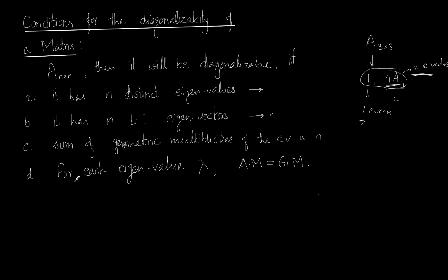The fourth point says that for each eigenvalue lambda, if the algebraic multiplicity is the same as the geometric multiplicity, then the matrix will be diagonalizable.